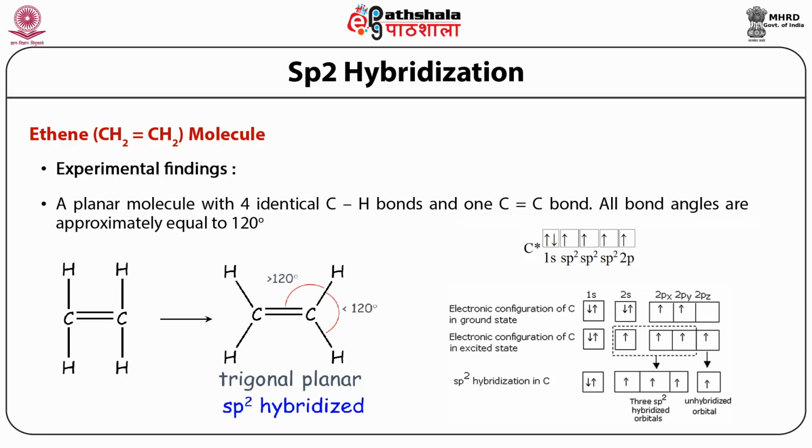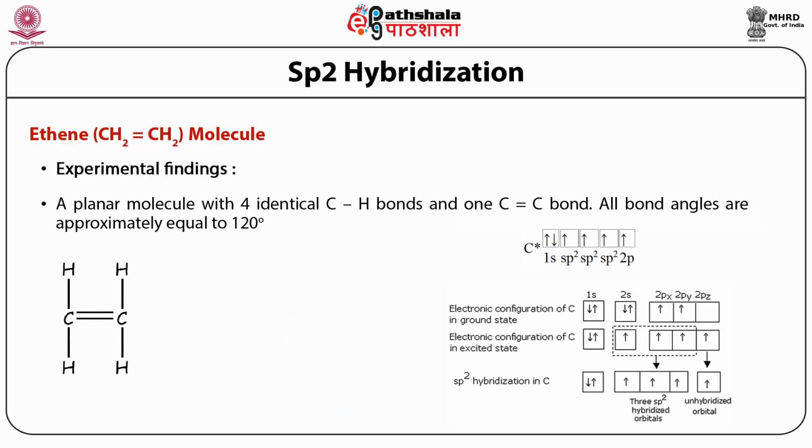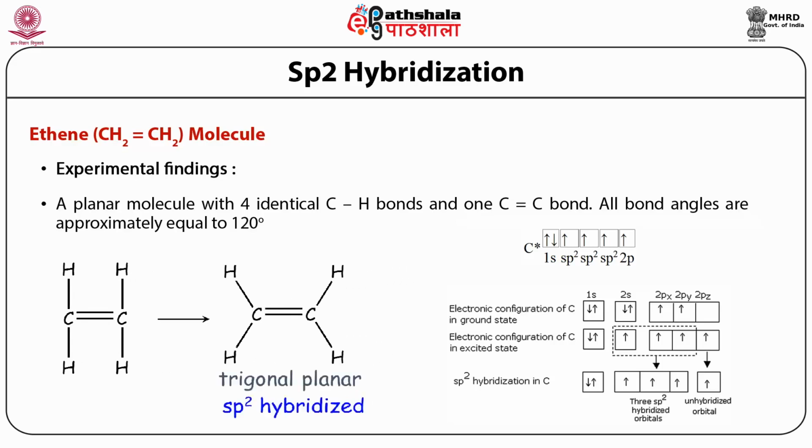As has been discussed, in the ethene molecule, the 2 carbon atoms form a sigma bond by overlapping 2 sp2 orbitals, and each carbon atom forms 2 covalent bonds with hydrogen by s-sp2 overlap with 120 degree angles.